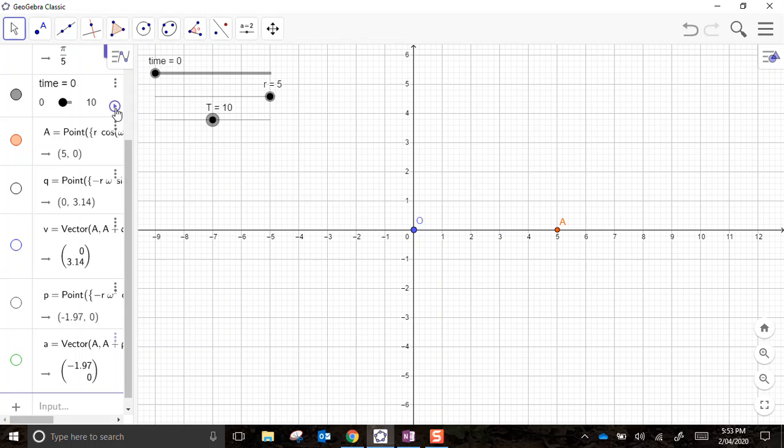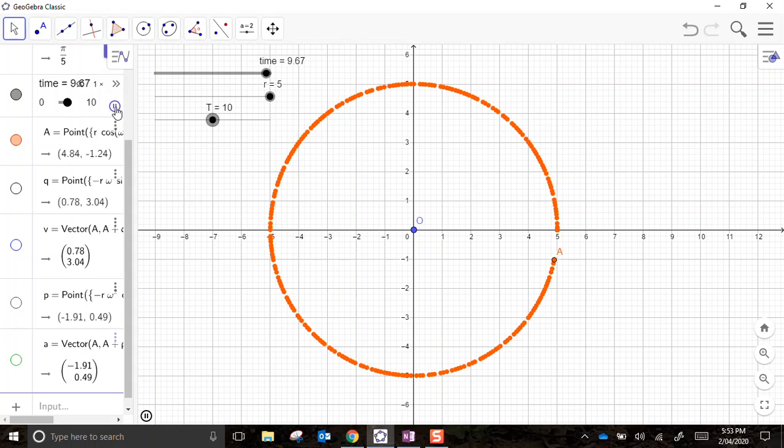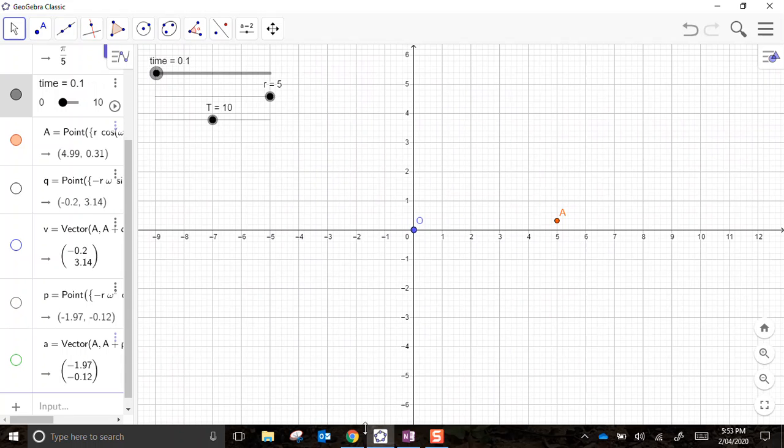And now if I start the animation for time, there it goes, following its way around. I haven't drawn the position vector. At any point, the position vector would be going from point O to point A. And it's usually designated R because, of course, it's the radius of a circle. This is uniform circular motion as the thing moves around. So we'll just leave that one there for a minute.